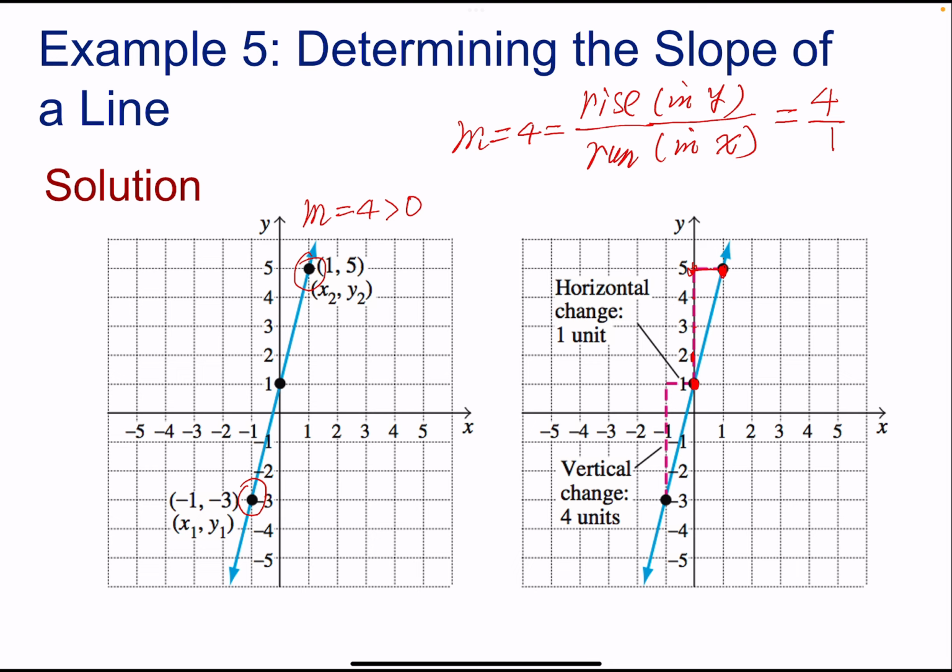Notice this is also 4 is the same as -4 over -1. So if you run by -1 from here to here, you need to rise by -4, which means going down 1, 2, 3, 4. That's why you get this point. That also explains the meaning of slope.